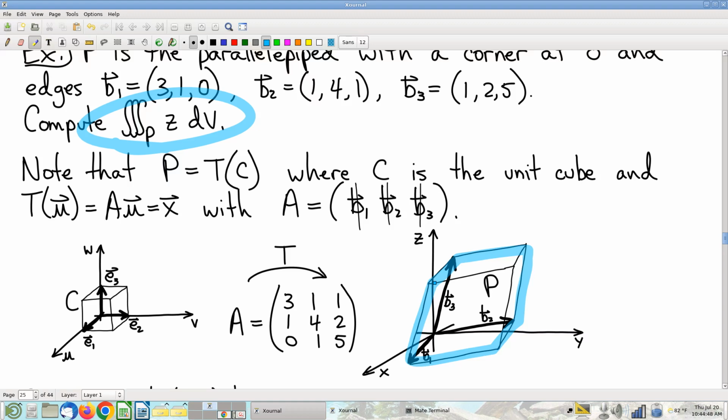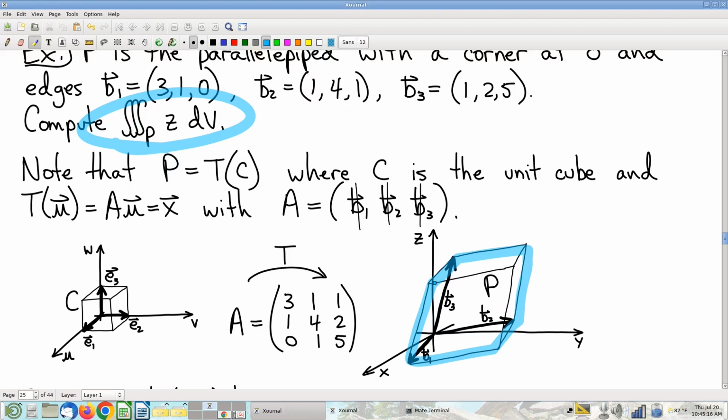As you start slicing, and it doesn't even matter which way you slice, the first few slices are going to be triangles in shape. And then at some point, they're going to turn into parallelograms. And then after a little while, they're going to turn into hexagons. And then they're going to turn into parallelograms again, probably. Anyway, it's going to get weird, right? Nightmare of an integral to do directly.